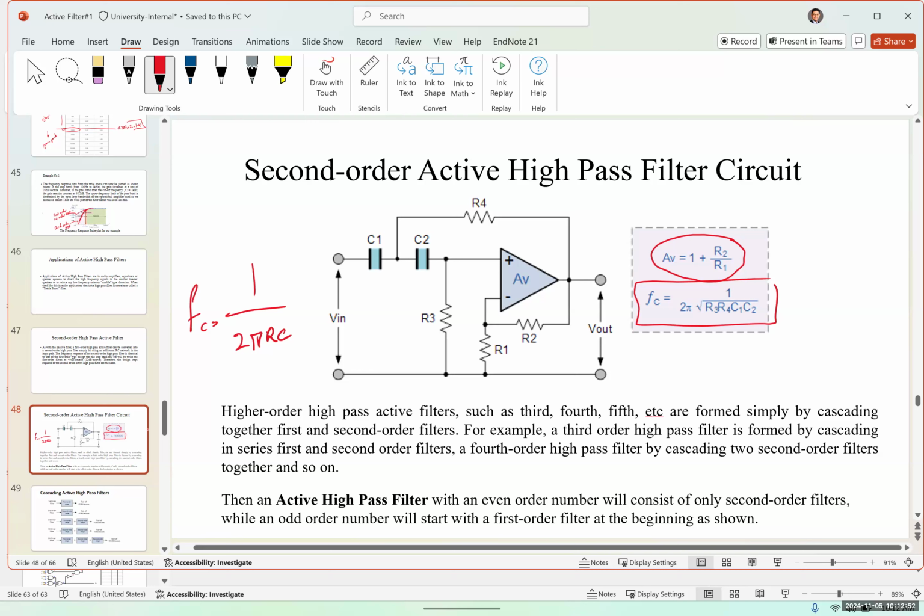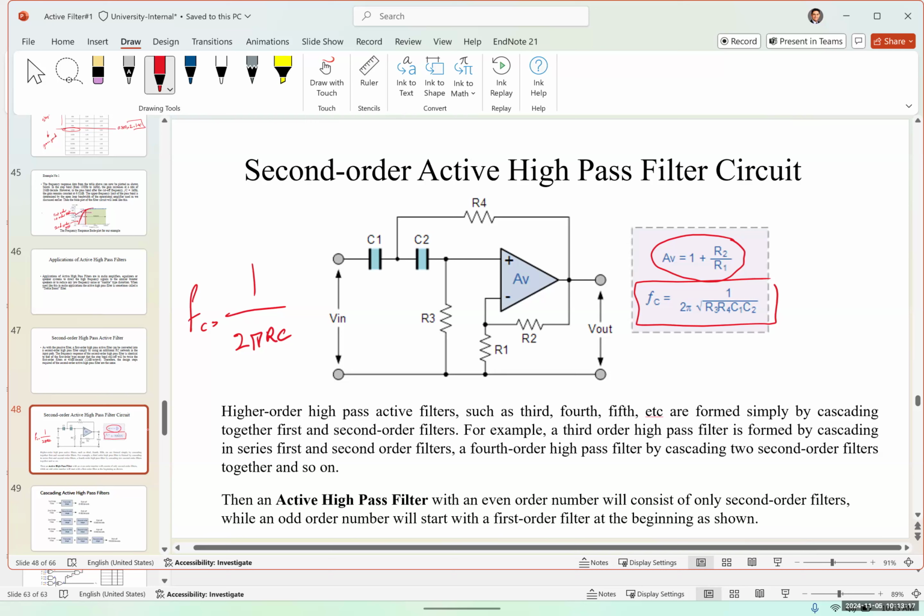High order high pass filters such as third, fourth, fifth, etc. are formed simply by cascading together first and second order filters. For example, a third order high pass filter is formed by cascading in series the first order and a second order filter. A fourth order is cascading two second orders. Fifth order would be two second orders and a first order.